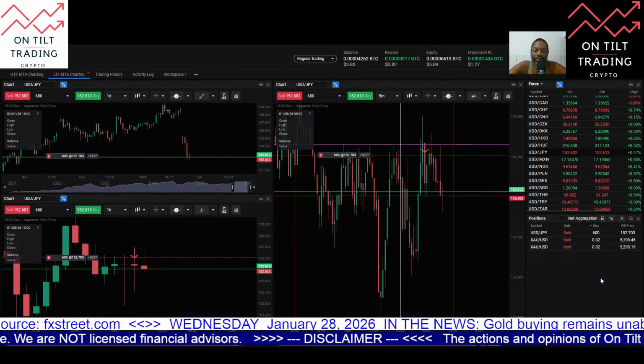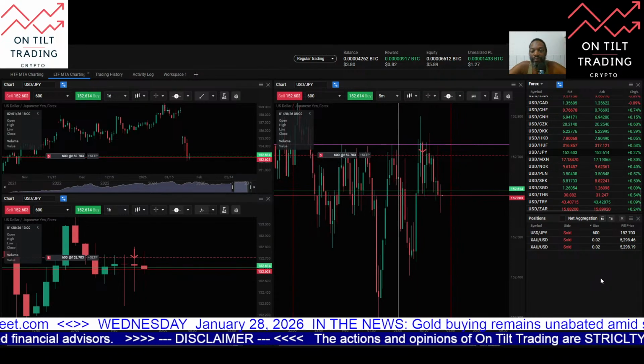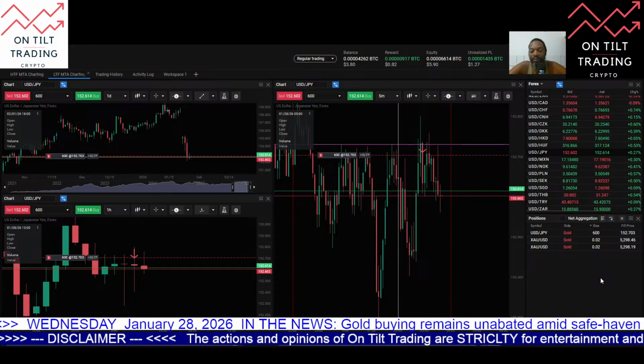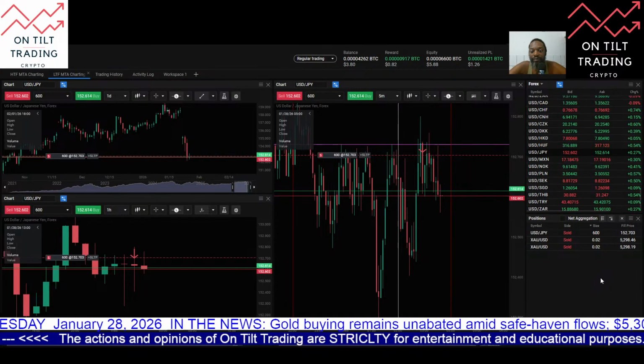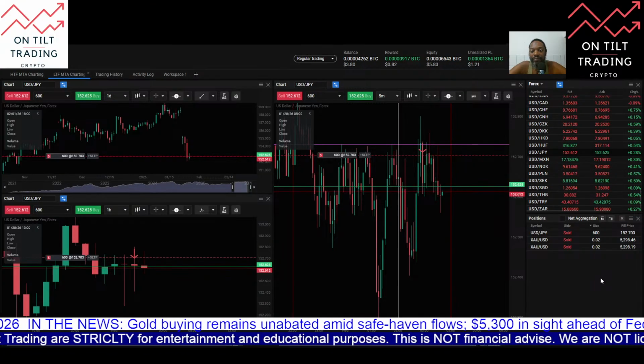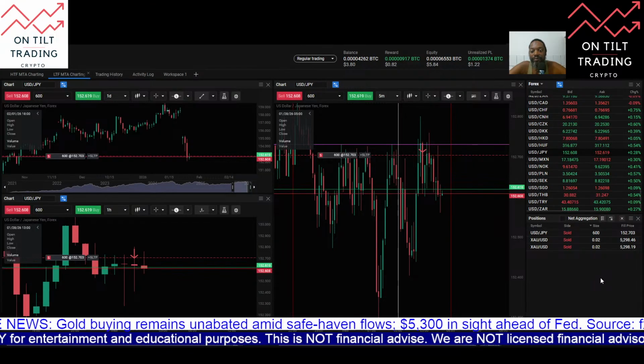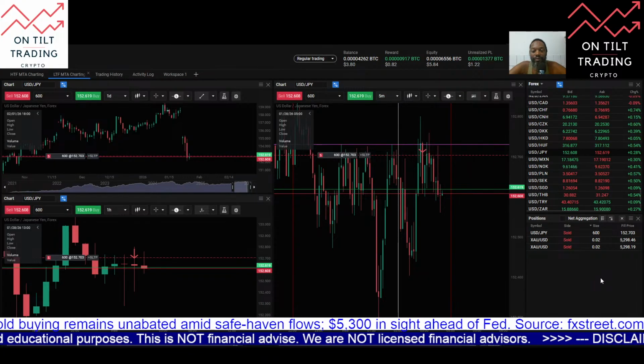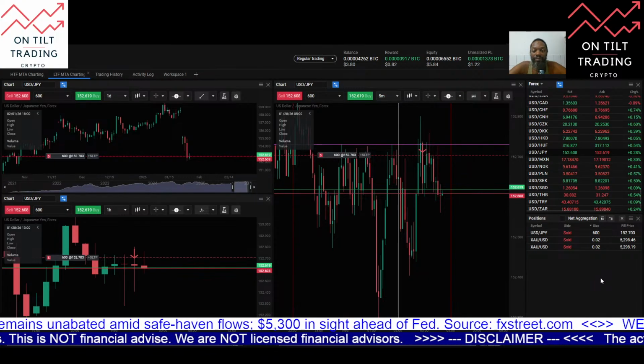Showing some indecision here, and get a slightly down close candle. And let's see if there's any continuation here.